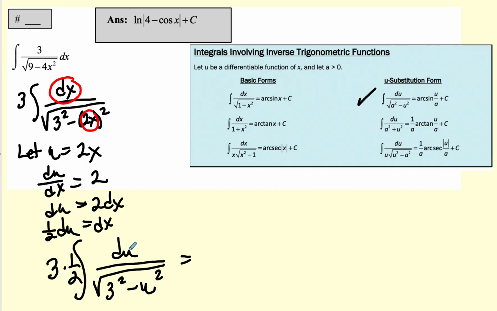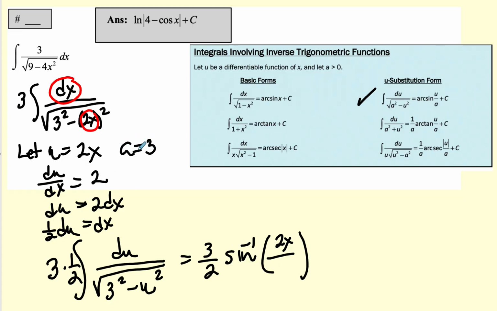So here's my multiplier, 3 over 2, and then this will be sine inverse parentheses, and my u, remember, is 2x, and my a is the number 3. I should have put it up here, but a was 3. That was that number there, 3. And then plus c. And there's your answer. So hopefully these will help you get through your circuit.